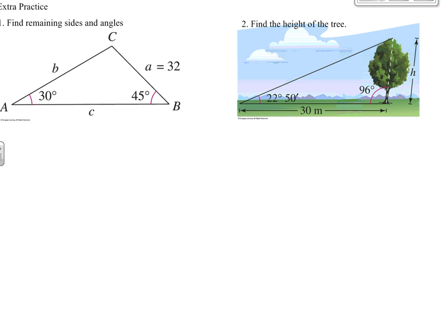One is just find all the parts that are missing on that triangle, and number two is to find the height of the tree, which evidently is not perpendicular to the ground either. And so I'll give you some time to work on that. If you finish it today and want to turn it into your folder, I'll look at it in the morning or on Monday when we as teachers are here and you are not. And then we'll move on Tuesday.